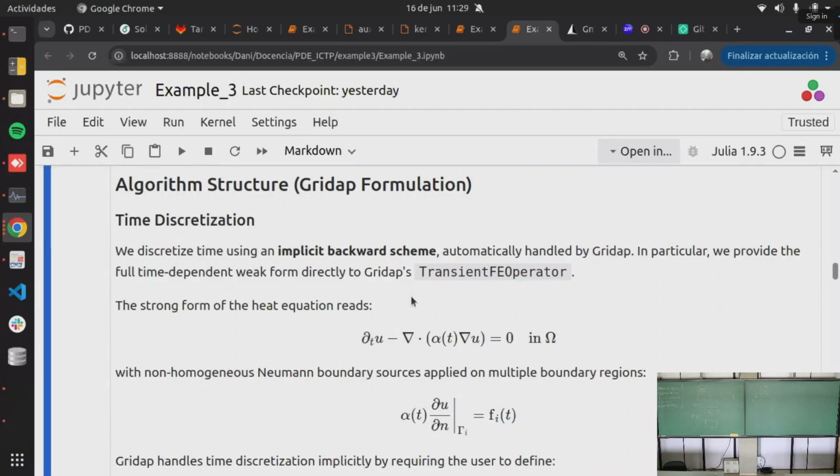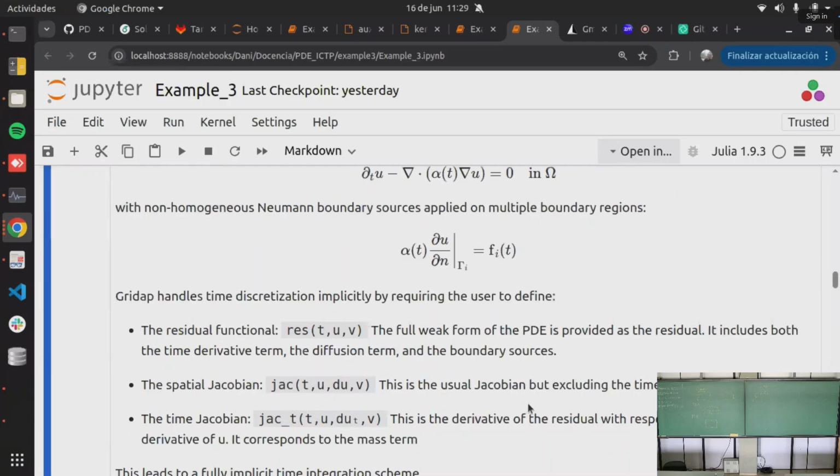The strong form of the equation, remember that is this, with a Neumann condition in the boundary, the internal boundary. And Gridap handles time discretization implicitly by requiring the user to define the residual function, that is the full weak form of the PDE. It includes both the time derivative, the diffusion term, and the boundary sources.